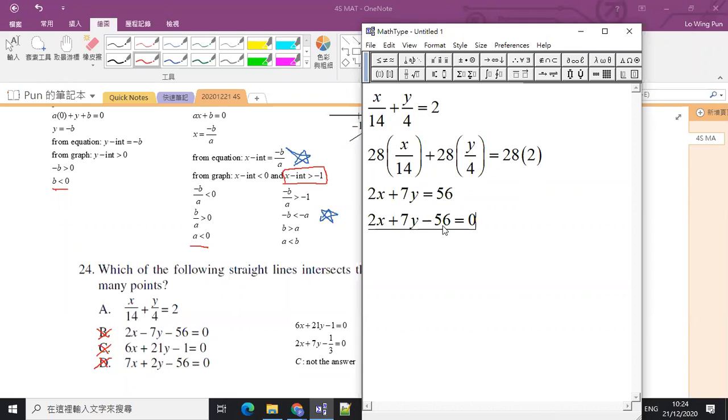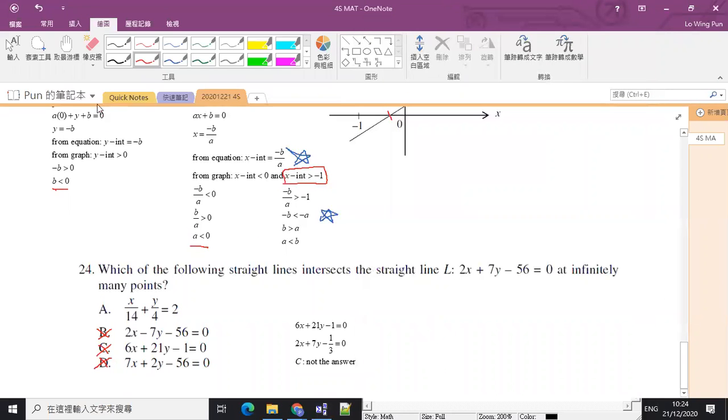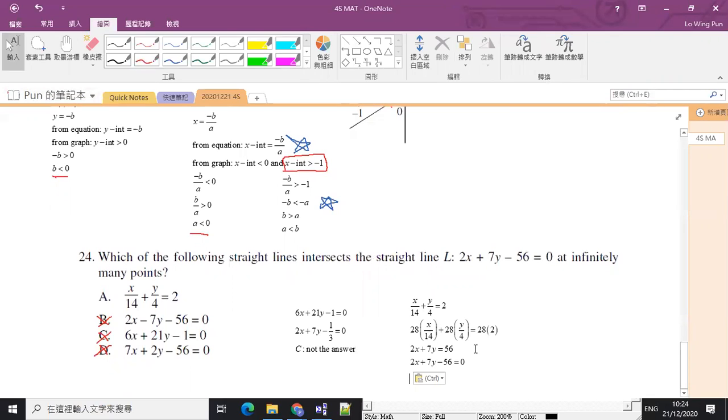Okay, so we have got the same equation as the line L, which means that they are actually representing the same straight line, which means that these two straight lines are actually overlapping with each other. Okay, so they will intersect at infinitely many points. So the answer is option A.